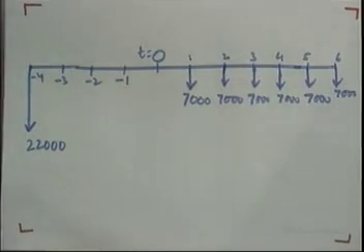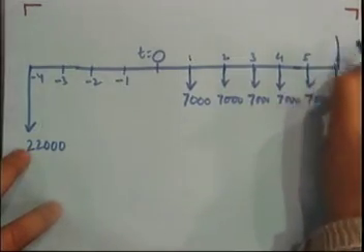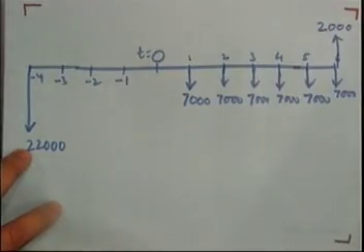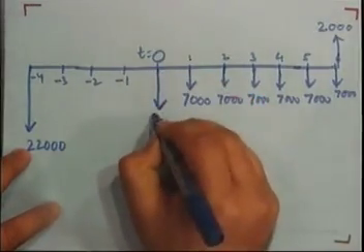What is the salvage value that we will be getting at the end of year 6? 2,000 rupees. So, this I will put on the positive side, 2,000. What is the current market price of this existing equipment? 6,000. So, this I will put at this point, 6,000.